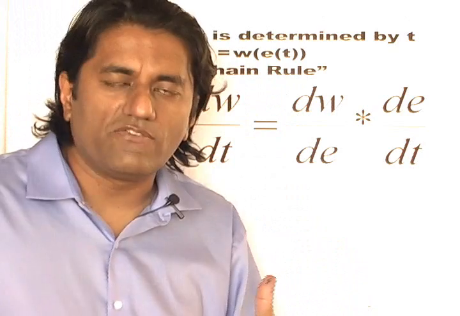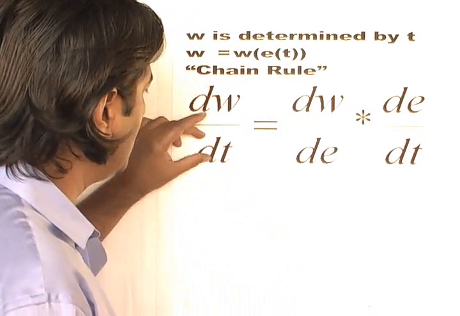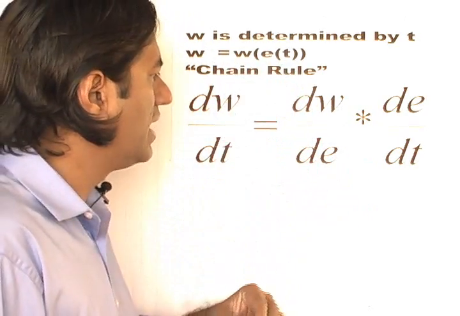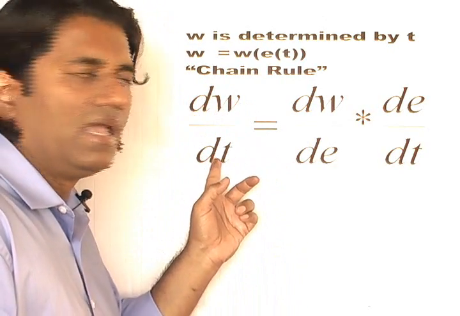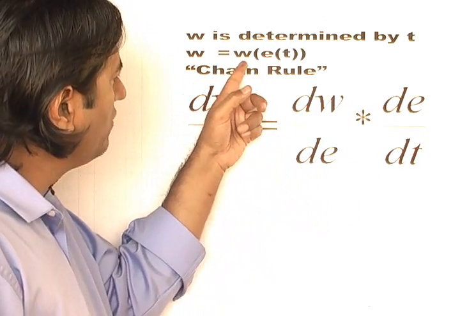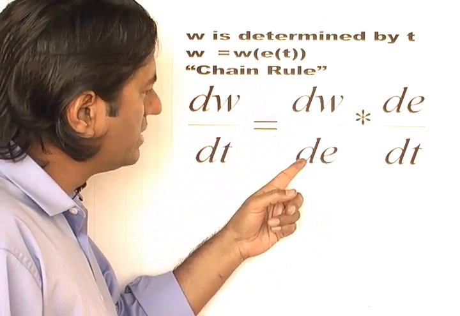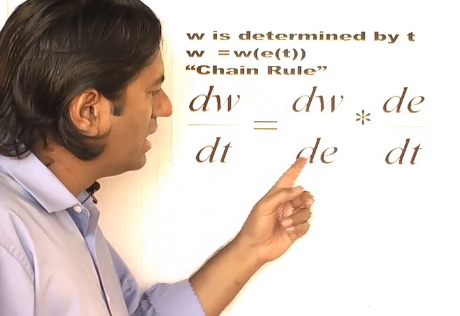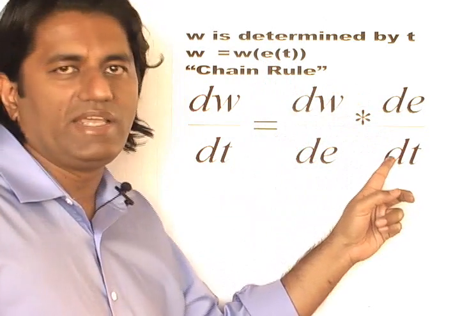So the question is, if I wanted to find how the water level was changing with air temperature, what the chain rule says is for a function of a function like this, the derivative is a multiple of the derivative of the first function with the second, like the derivative of W with E as the independent variable multiplied by the derivative of E with T as the independent variable.